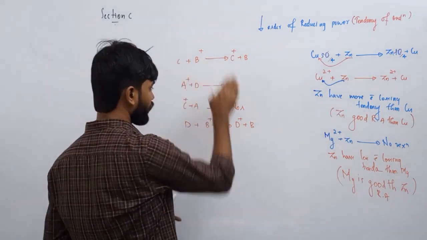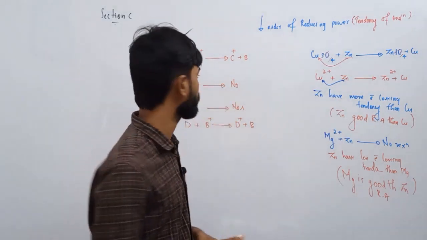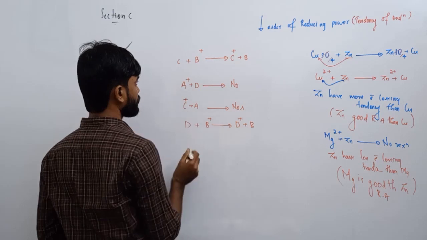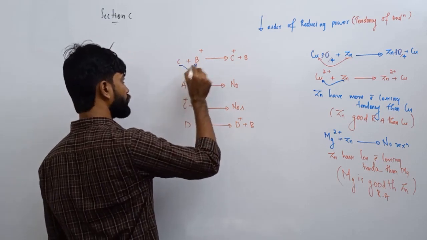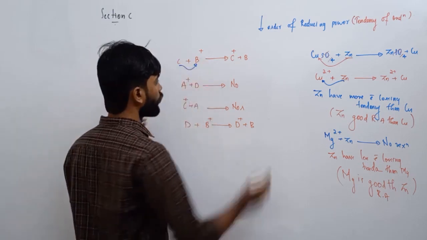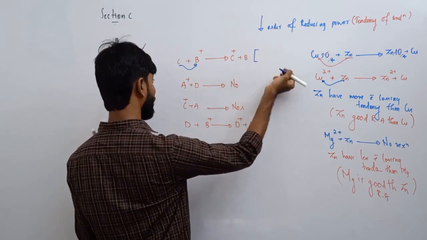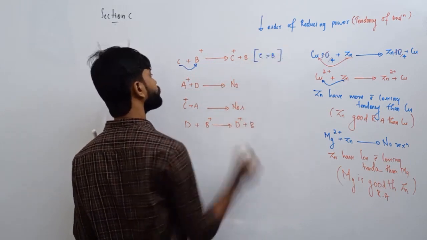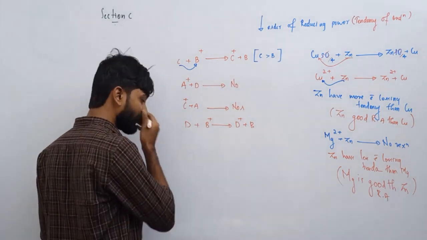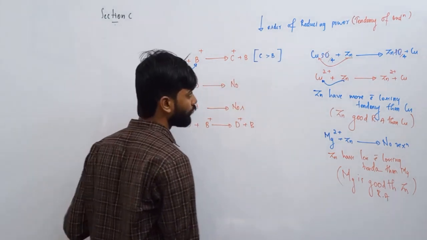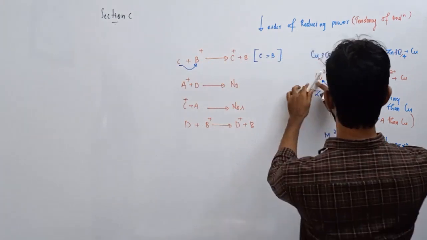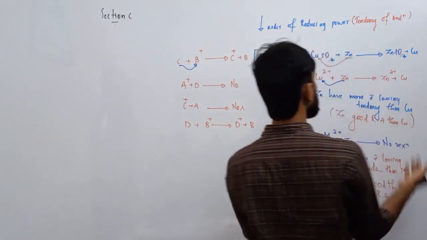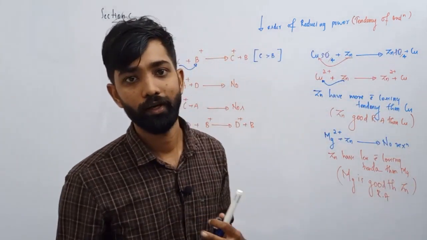Using that concept, we can solve this question. C plus B+: here C displaces B, which means that the electron losing tendency of C is greater than B. Agreed? Reducing tendency of C is greater than B. Zinc displaces copper, meaning zinc is the better reducing agent.